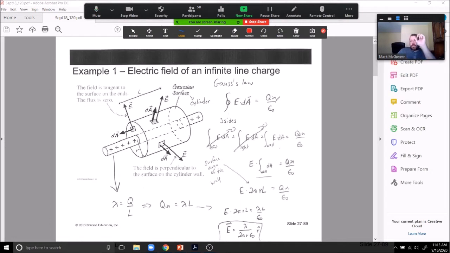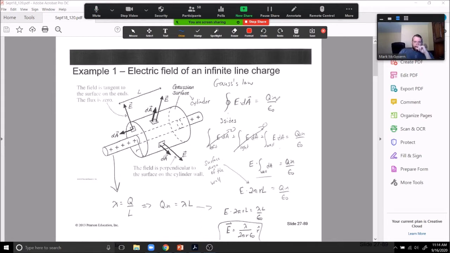So the first thing we do is say, what kind of symmetry does the wire have, and what type of Gaussian surface shall I use to enclose some of the charge? You don't have to enclose everything. You can just enclose part of it and make a statement about it when it's much larger.